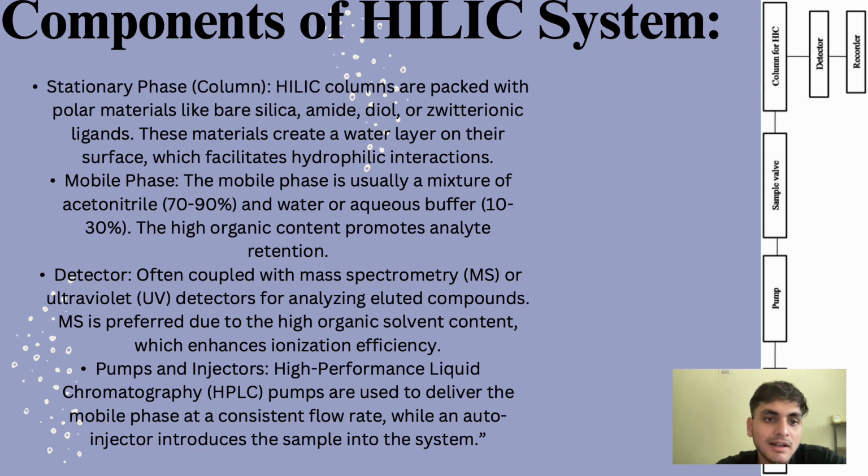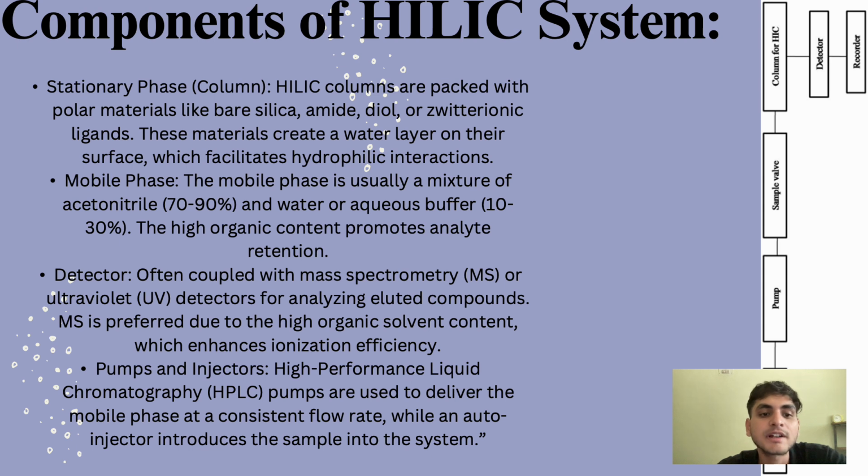All these are either high in dipole or exhibit strong hydrogen bonding. These materials create a water layer on their surface which facilitates hydrophilic interaction. The mobile phase is usually a mixture of acetonitrile 70 to 90% and water or aqueous buffer 10 to 30%. The high organic content promotes analyte retention.